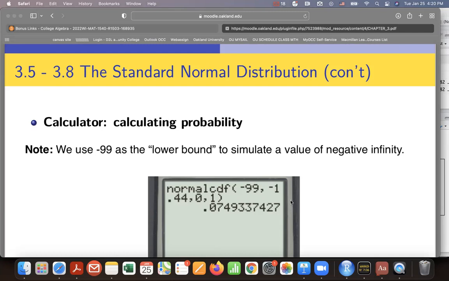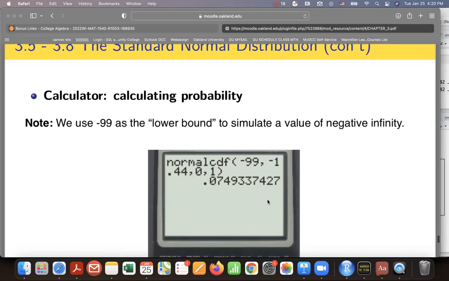Is this the same for a TI-84 Plus? Because when I do that, it gives me lower, upper, mu, sigma, and then paste. Oh, you have the fancy one? Yeah, so it's the same thing. For lower, you put -99. For upper, you put -1.14.